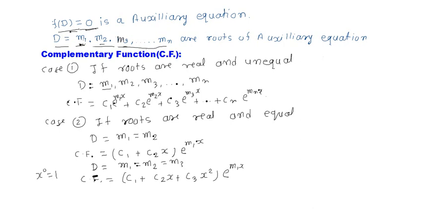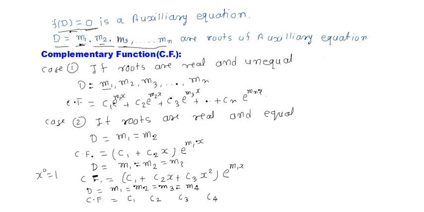If the fourth root is also equal, m1, m2, m3 equal to m4, then the CF is: see four constants here, C1, C2, C3 and C4.